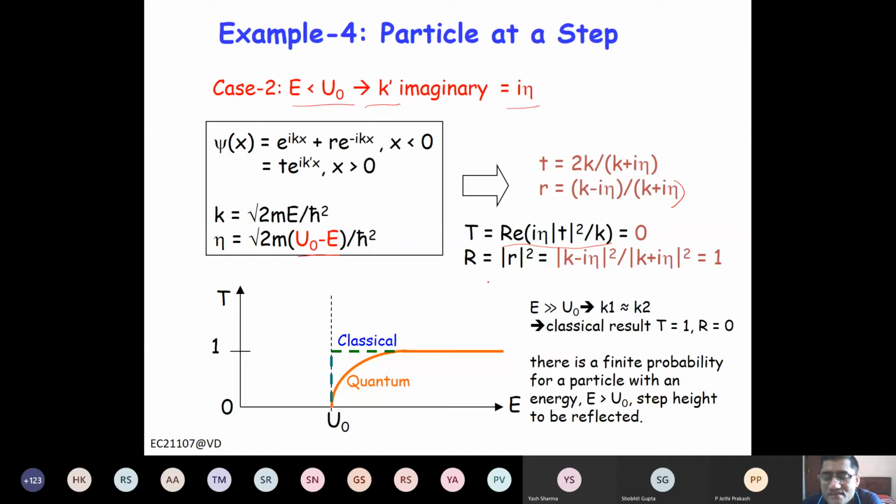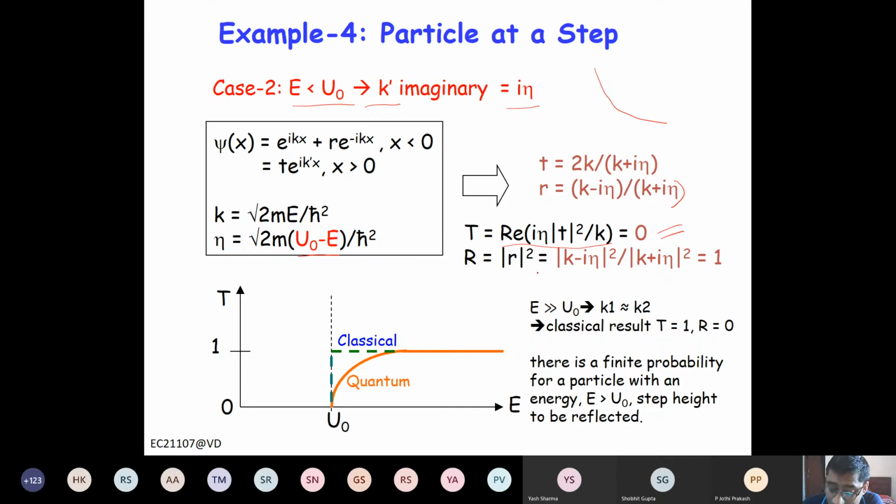What do we know about imaginary transmission? By imaginary transmission, we mean we will have a decaying wave. We will not have a traveling wave, right? So that means your transmission is 0, because you don't have an imaginary current. The imaginary part of the current means it is just decaying.